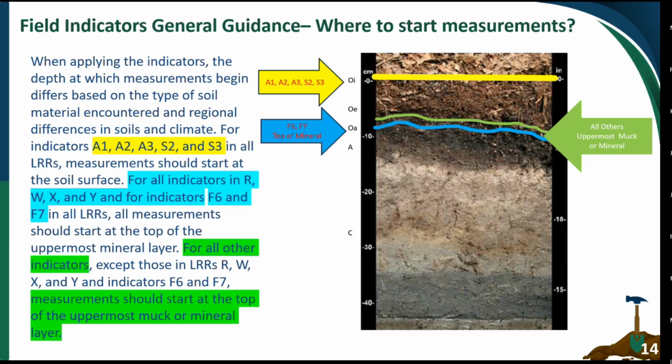If you're in land resource regions W, X, and Y, which is Alaska, or R, which is New England, or you're considering two different indicators, F6, redox dark surface, and F7, depleted dark surface, which are present in the Mid-Atlantic region, measurements begin at the mineral soil surface.